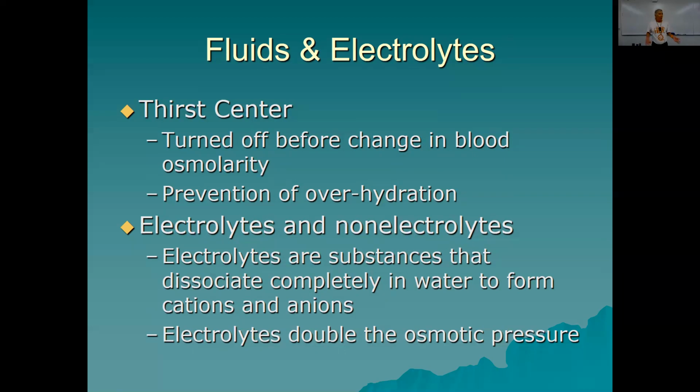We put glucose in water. It's one particle. It'll increase the osmolarity if you pour more and more sugar in the water. Salt doubles the osmolarity because when you put salt in water, it breaks up into two particles, sodium and chloride. That's two particles dissolved, not one. So electrolytes have a much greater effect on the osmotic pressure than non-electrolytes.